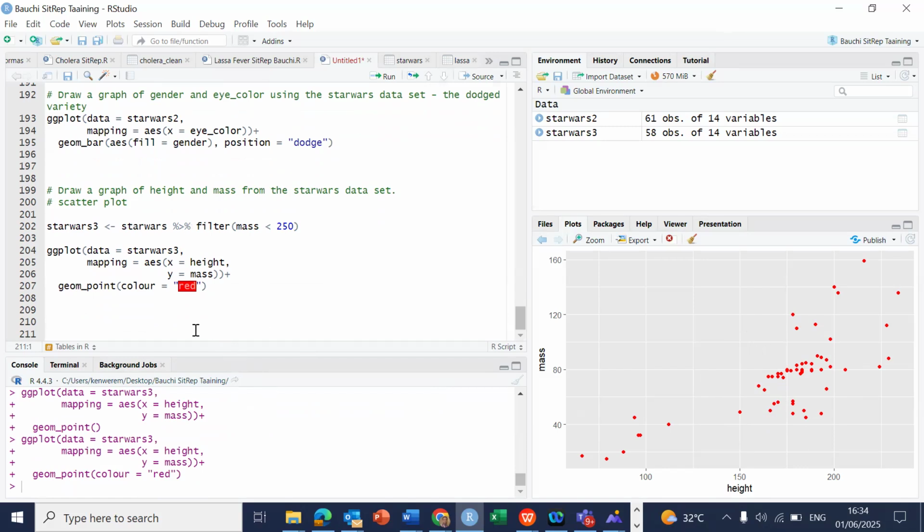Now, remember we said yesterday, if you're mapping to a variable, it has to be inside what?